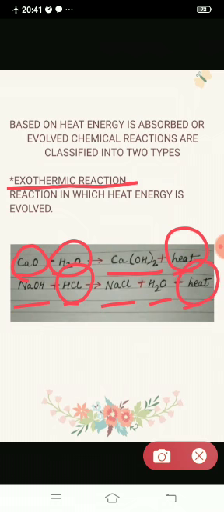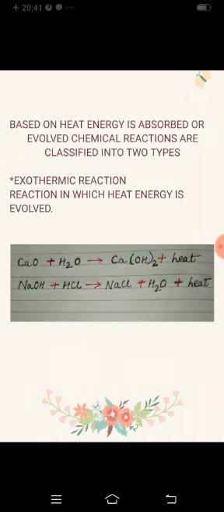So these reactions are exothermic reactions. During an exothermic reaction, when reactants react, they give product, along with a release of heat energy.